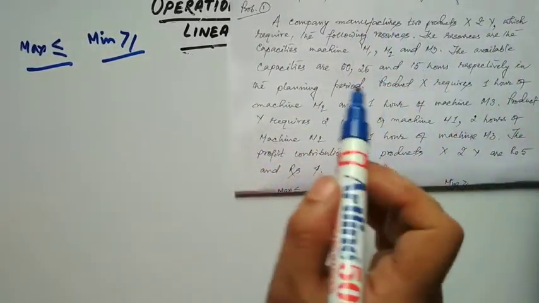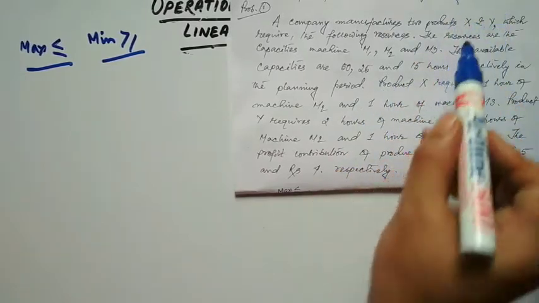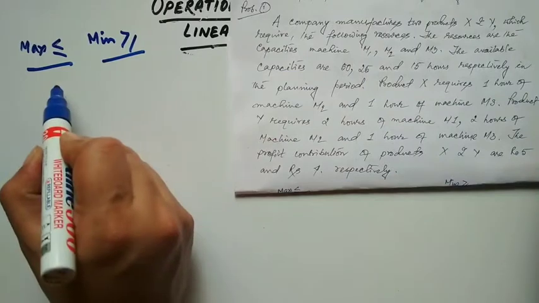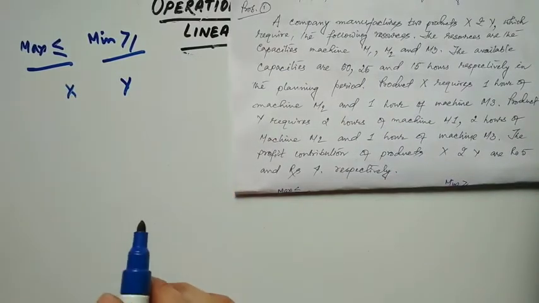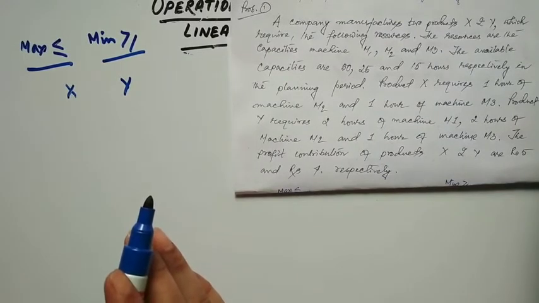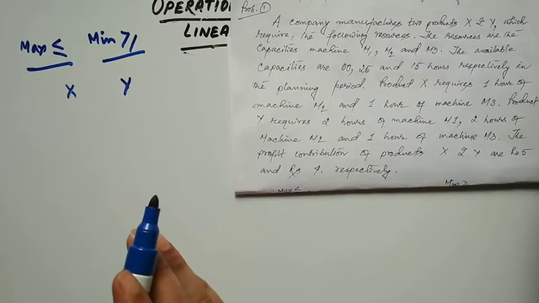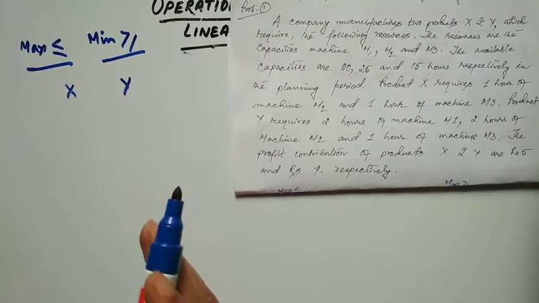Why are you having this type of problem? Just see which products they are manufacturing, X and Y. So just write it down as X and Y. These are the steps I want to tell you in a simple way, so that you will learn very easily and you will have more confidence in the formulation of these LPP problems.